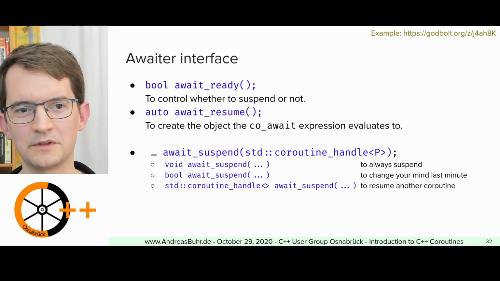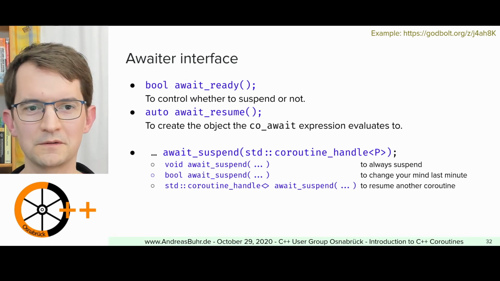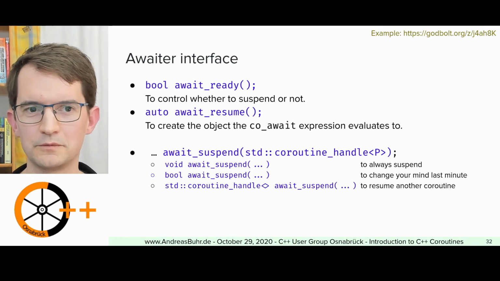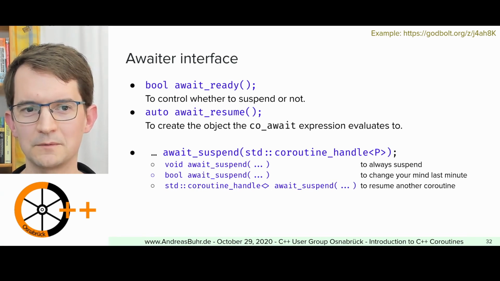So for example, a networking library which is compatible with coroutines has to offer networking operations which return an awaitable.